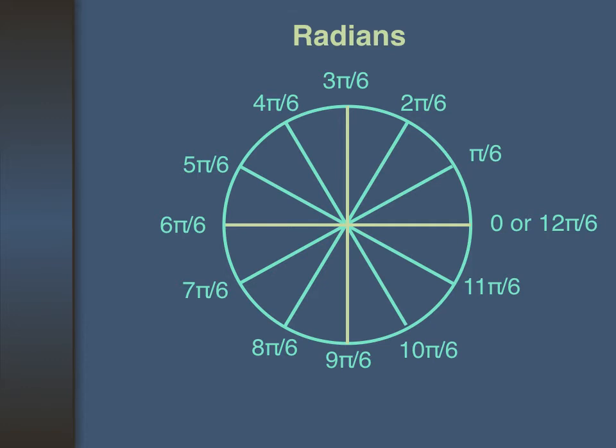And then let's go right around the circle counterclockwise. We have pi over 6 radians, 2 pi over 6, 3 pi over 6, which you know is the same thing as pi over 2. But we're writing it in terms of pi over 6 just for consistency. And so this is the location of all of the pi over 6 radian angles.